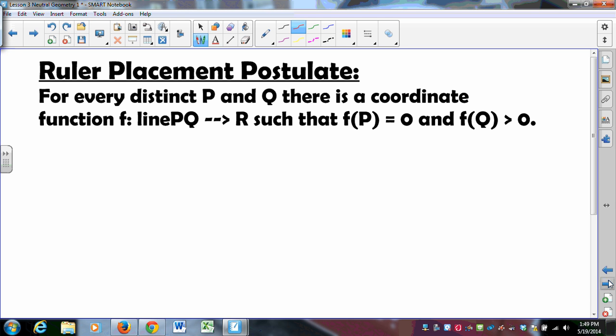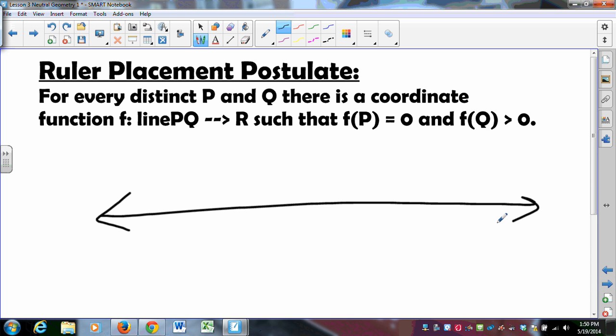The ruler placement postulate says, for every distinct P and Q, there is a coordinate function f from the line PQ to the real numbers such that f of P is 0 and f of Q is positive. Now let's talk about what that means and why it's called the ruler placement postulate.